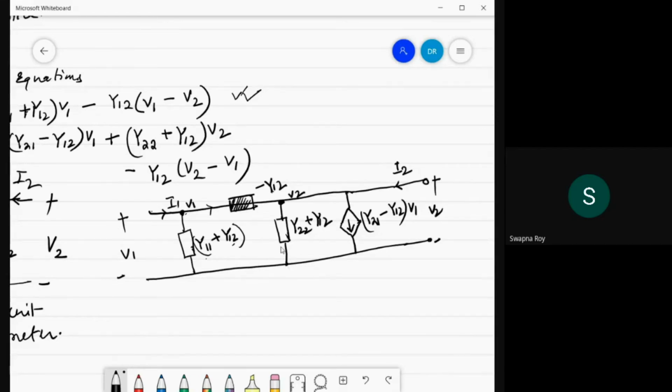Now another current will go through this path. This path means this admittance minus Y12. Now this voltage V2 is positive, so V2 minus V1 into this Y12. Now tell me if you have doubt. So I will just repeat.